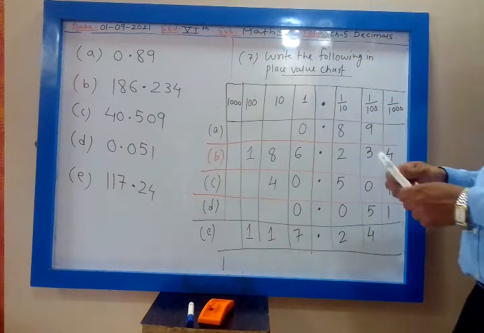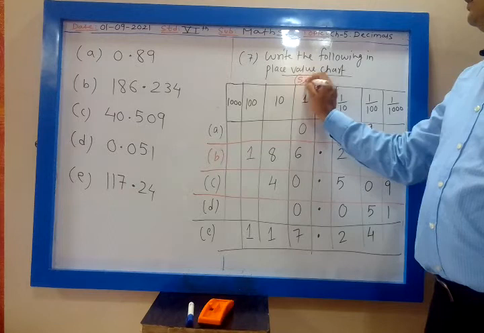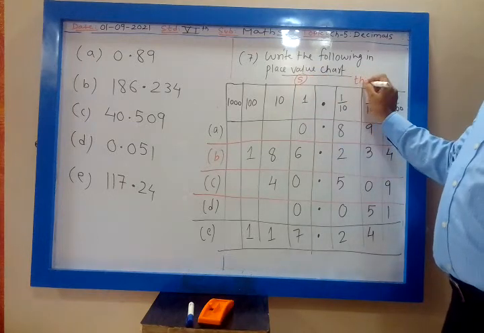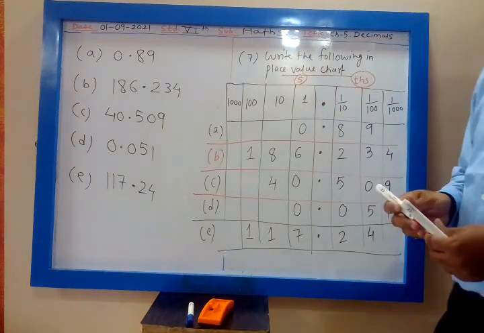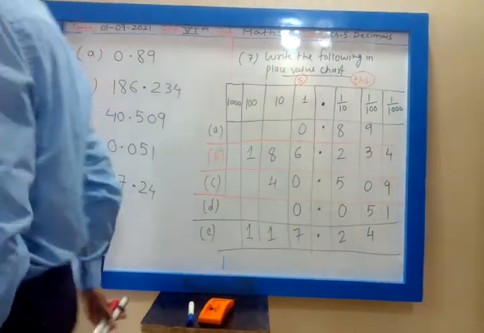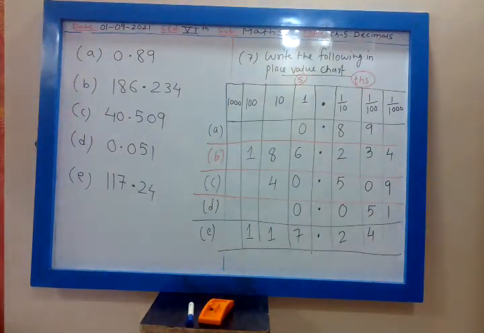I have told you, before the decimal it is S, after the decimal it is THS. That is the difference.